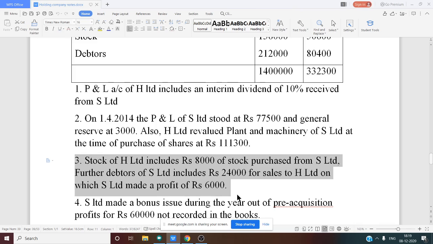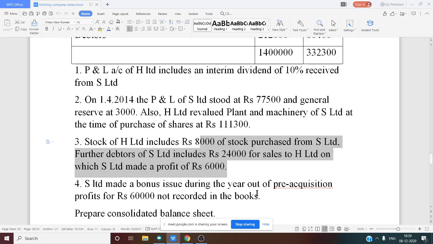But one piece of information is given here. For 24,000 rupees, 6,000 is a profit. For 8,000, how much? That we have to calculate. If we calculate that, we will get the unrealized profit. So that is cross multiplication we have to do.